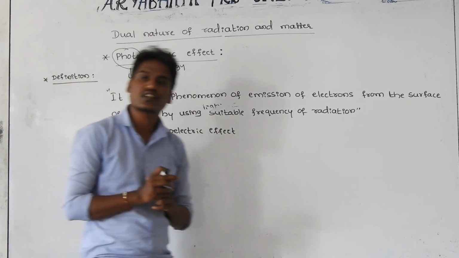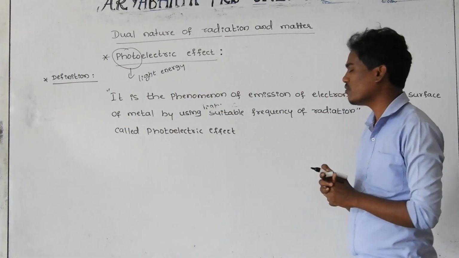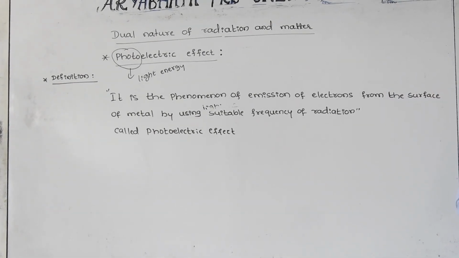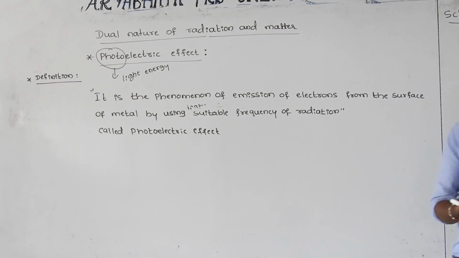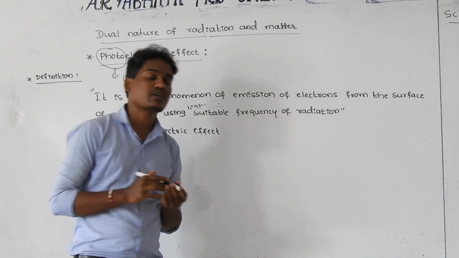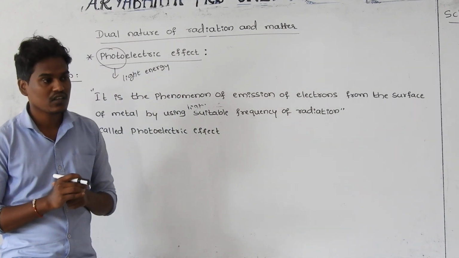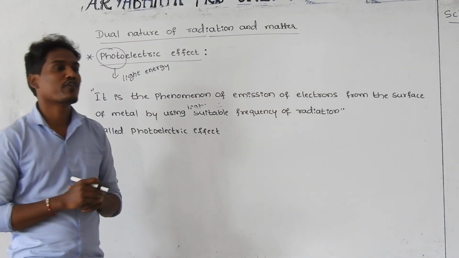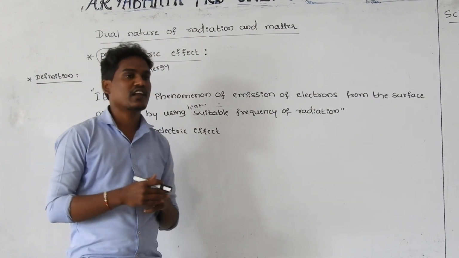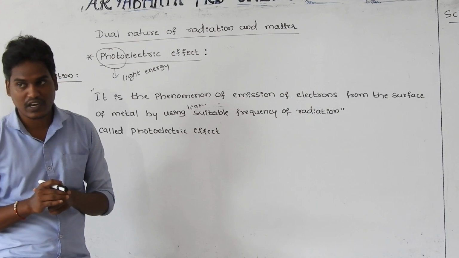Photo means light energy. By using light energy, we are going to produce a current. In order to produce a current, first we emit electrons from the surface of the metal. Whenever the electrons are emitted, they move from one point to another in the circuit, and whenever electrons are moving, there is a generation of current.